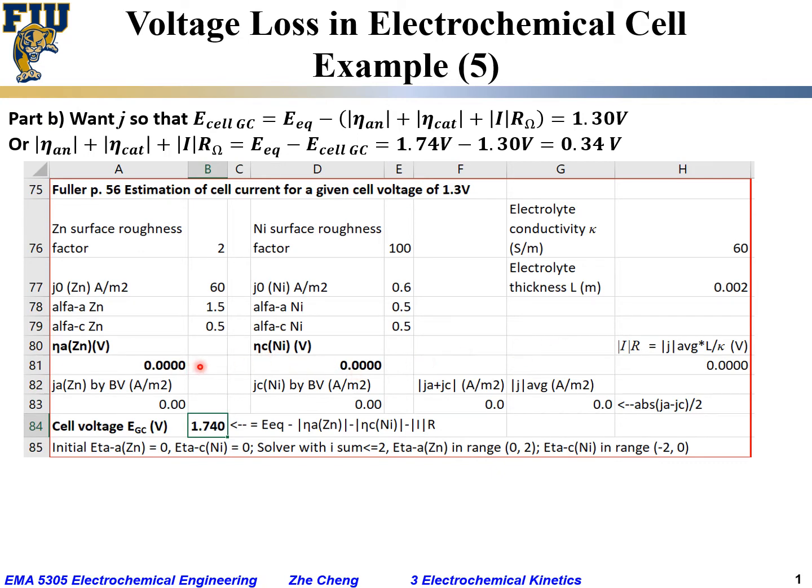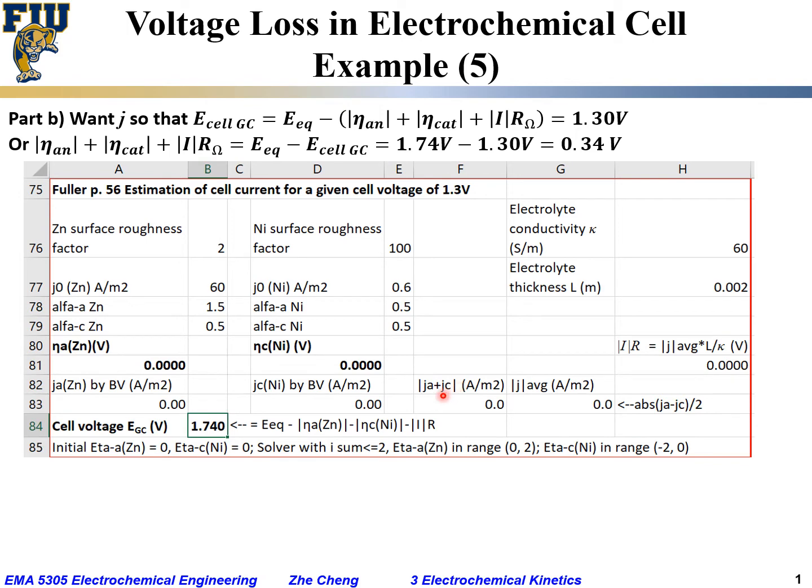And with this initial guess, we can calculate by Butler-Volmer equation the current density on the zinc electrode. If the overpotential is 0, not surprisingly, the net current would be 0 on the zinc anode. And if the nickel overpotential is 0, the net current on the nickel electrode would also be 0.